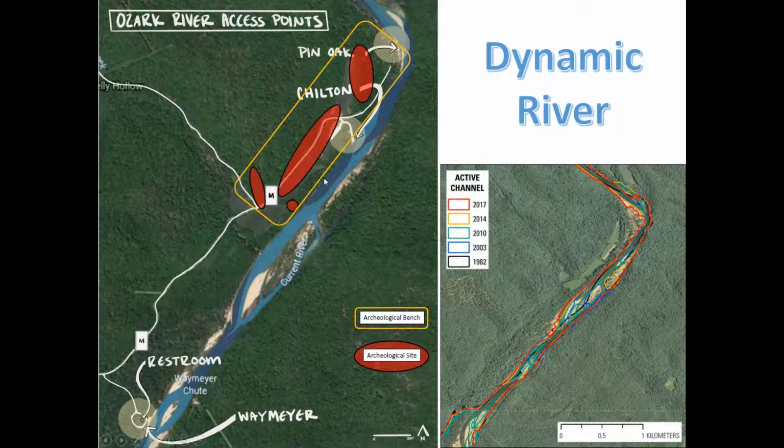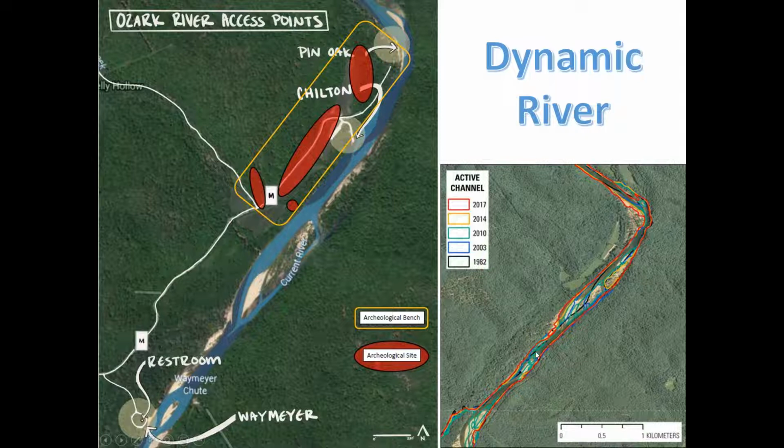That really does constrain it in a lot of ways, because the best spots for building most likely do have the archaeology there too. And it is a dynamic river, as I said, and you can see in this picture on the right here that it shows the active channel. It's pretty stable right here, which would be a great place to build, which is where the archaeology is.